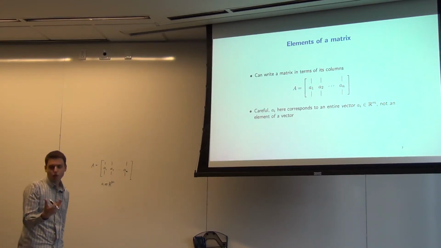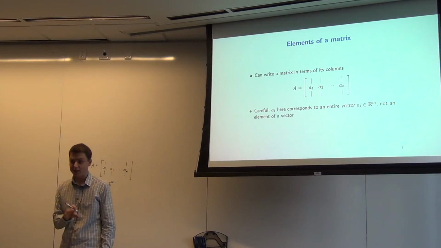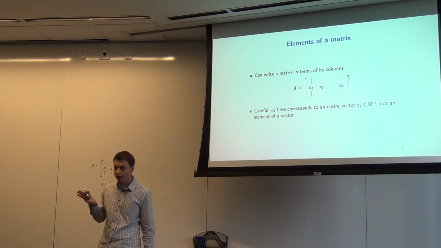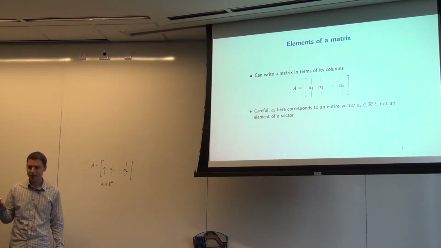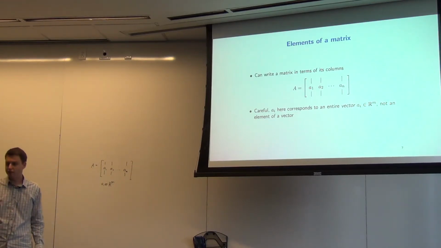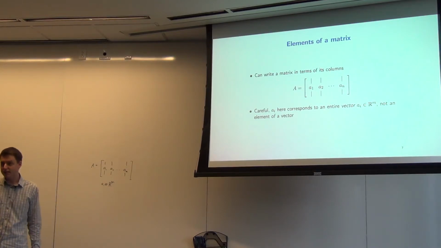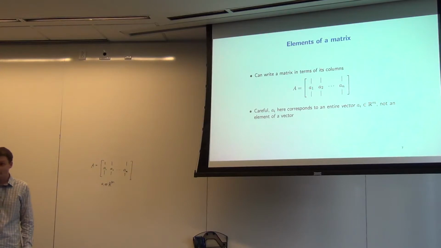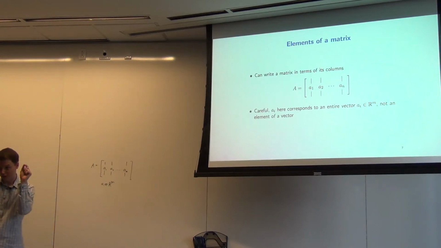In the slide before, when X was a vector, then Xi represented the ith element of X. Here, Ai represents a vector itself. We did the same thing in the machine learning case: Xi is itself a vector denoting the ith input, whereas Yi was an element of the big vector Y, because Yi was a scalar.